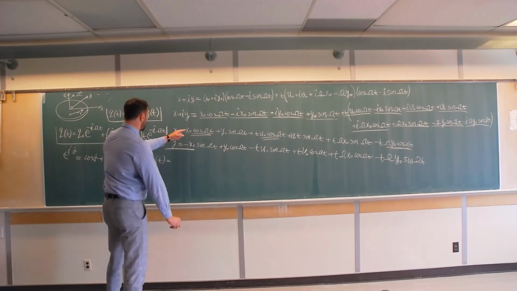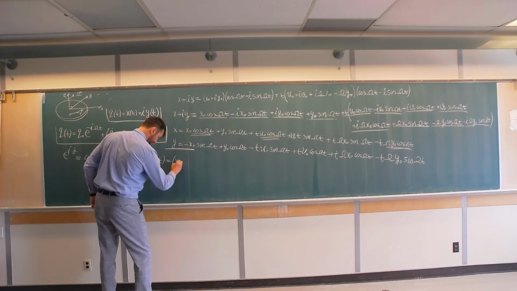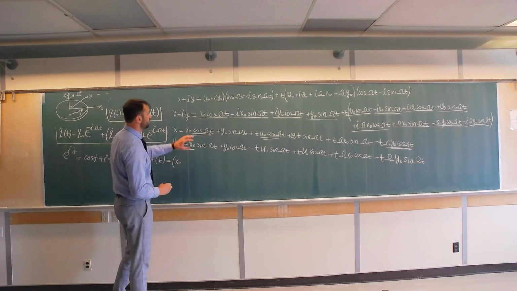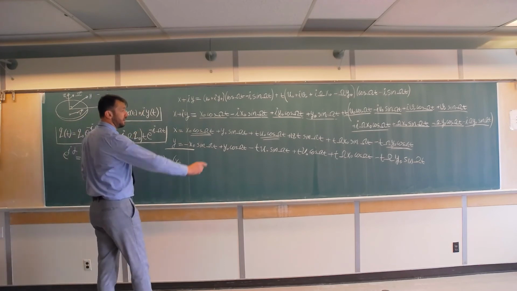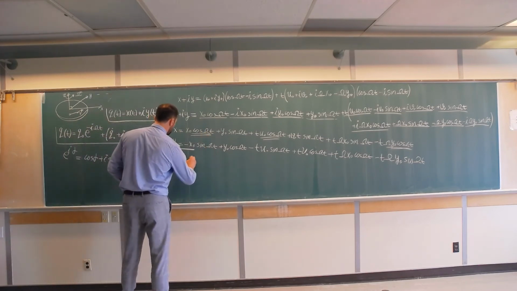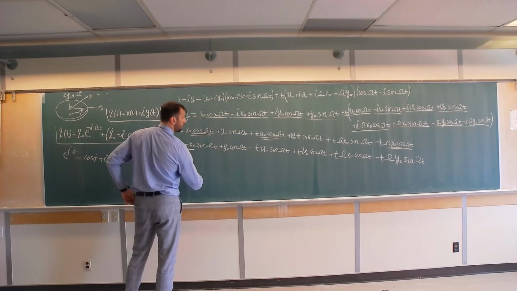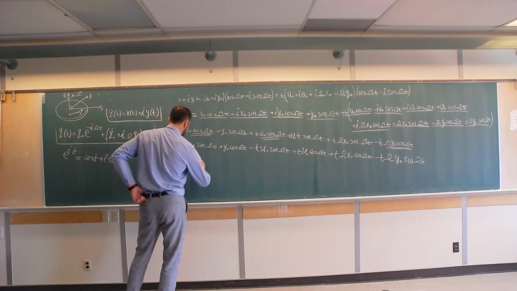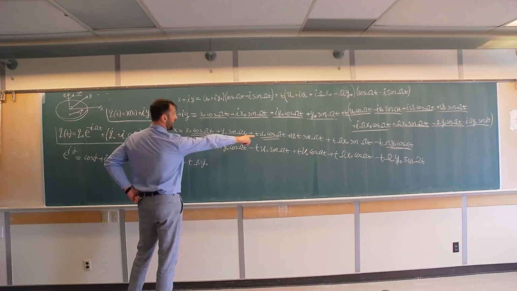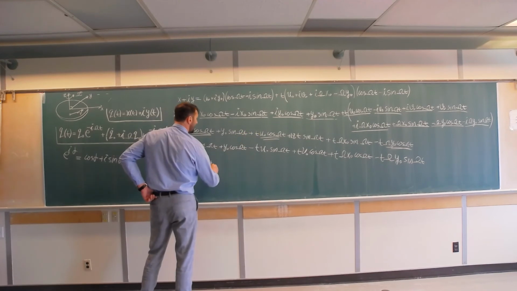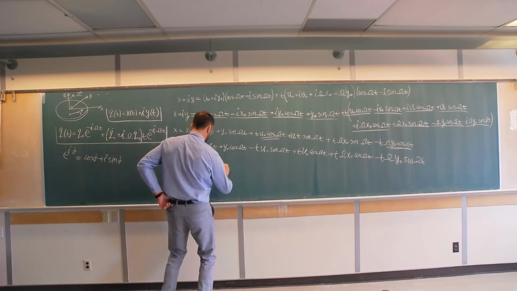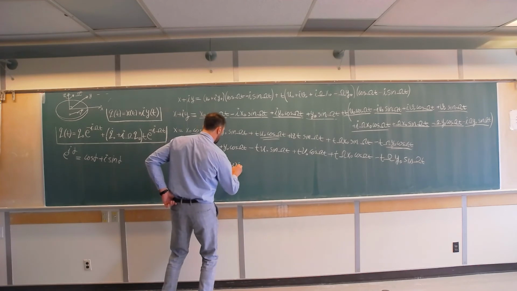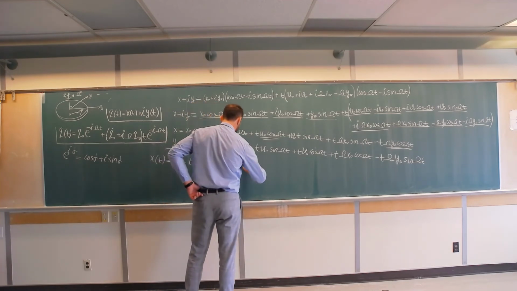So next to cosine, I will have x0, I'll collect the next one, minus t omega y0, that's the last one, and this one is plus t u0, times cosine omega t.